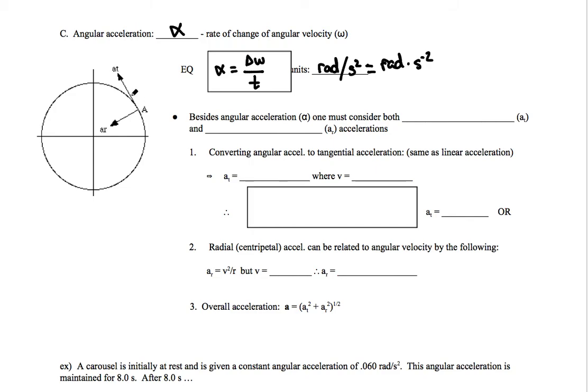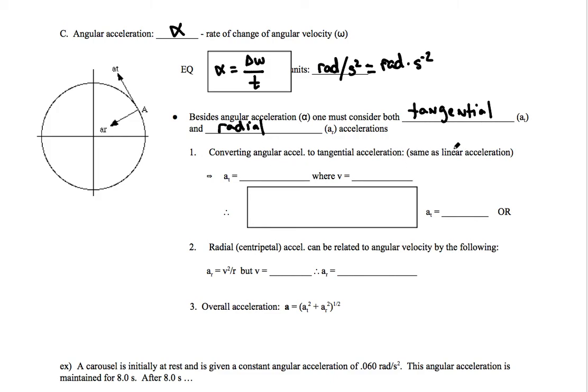So we want to relate the angular acceleration to the radial acceleration, the inward acceleration that we've been talking about quite a bit for circular motion. And also, now that something's changing its speed in a circle, we might want to talk about the tangential acceleration. So a sub t is the tangential acceleration, and this is your radial acceleration, or along the radius.